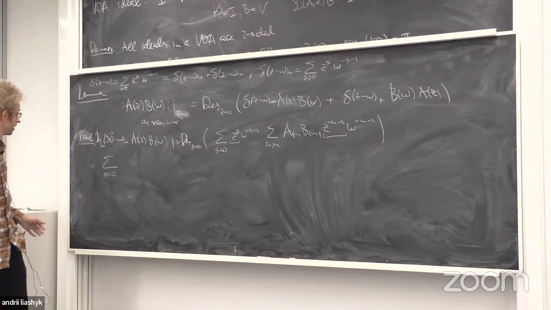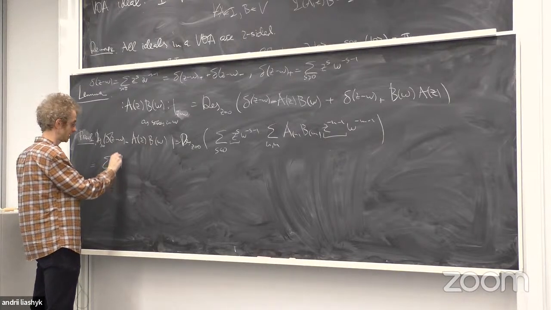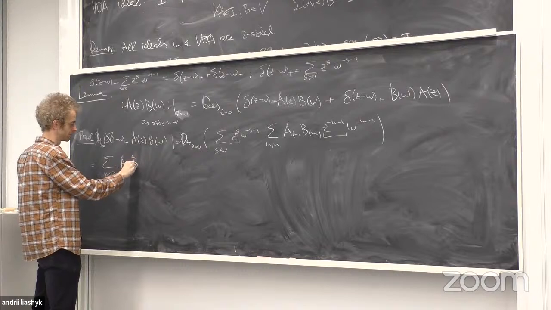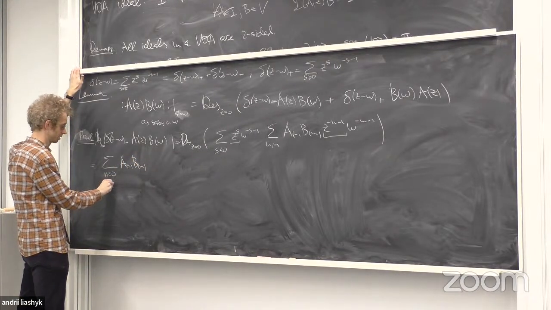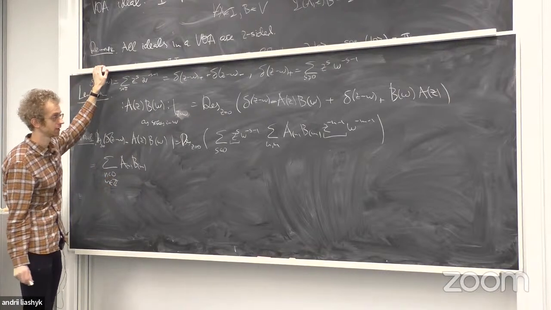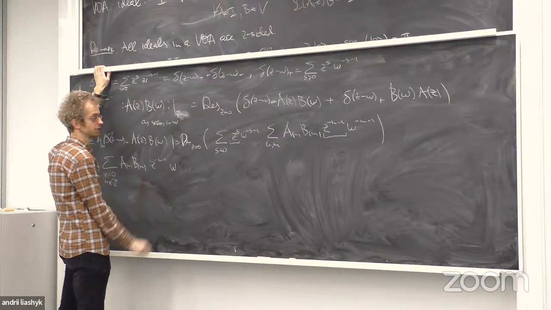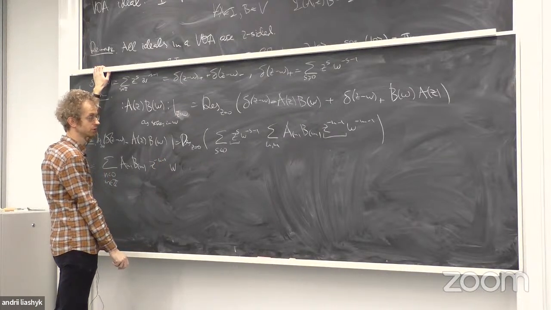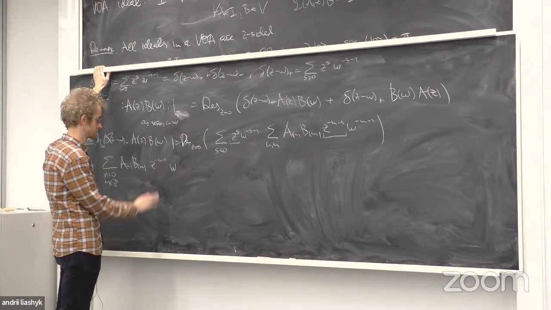Yes. n less than 0, an, bm, and m arbitrary. And here I take z to the minus n minus 1 and w, so no z, of course.